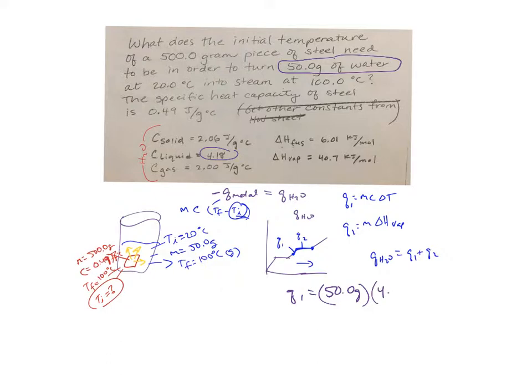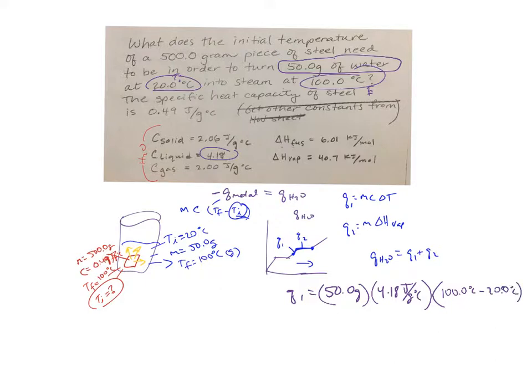For some reason, that one does not have units. I'm sorry, but it is still joules per gram degree Celsius. And then we need our change of temperature, and we're starting at 20, so there's our T initial, and we're ending at 100. There is our T final. Again, we have that phase change happening still, but that's okay. The temperature change for heating the liquid does end at 100 degrees C. So we'll have our 100 degrees minus our 20.0 degrees, and then we're good.